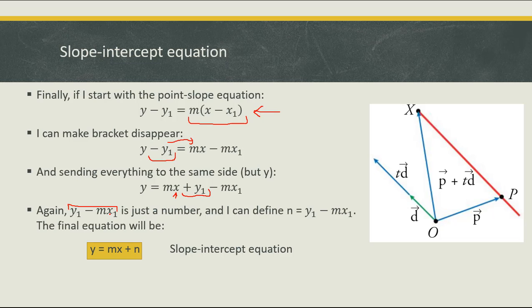This is just a number, so to separate the different values, I can define n as y1 minus m multiplied by x1. This n is called the intercept. Sorry, I forgot to write it in the slide.